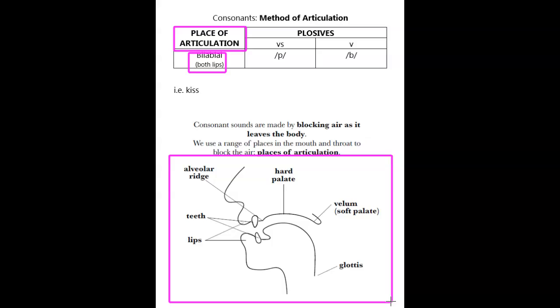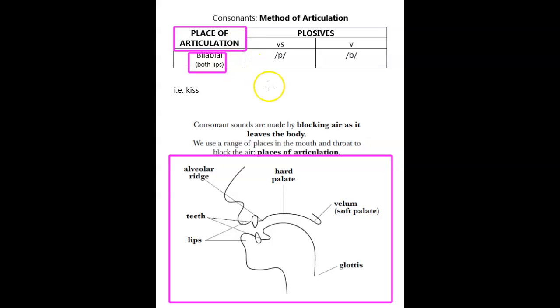It could be the alveolar ridge, or hard palate, or soft palate, or the glottis. So we have lots of places of articulation to create a consonant sound. Again, this is either stopping completely the breath stream, or making an obstruction somehow, a small one or a big one, to create the sound.